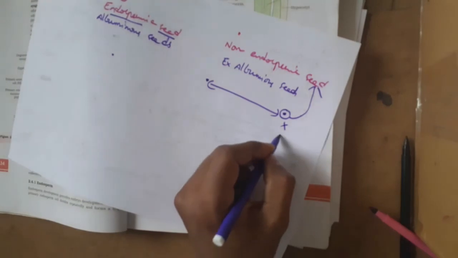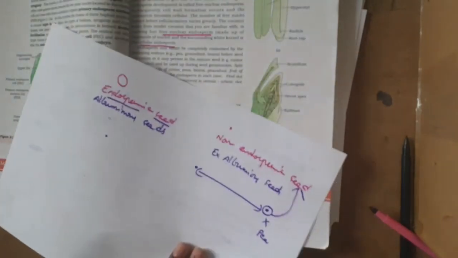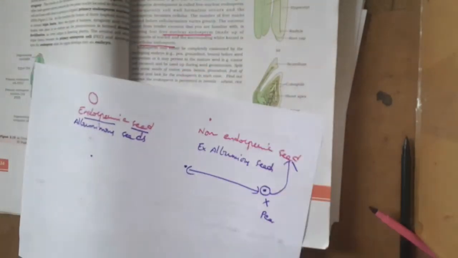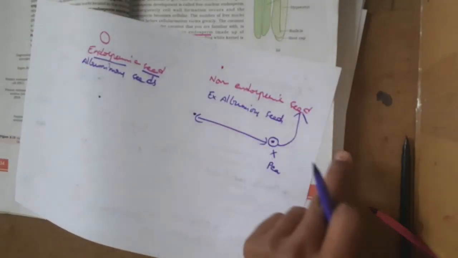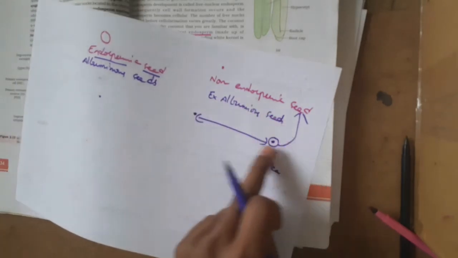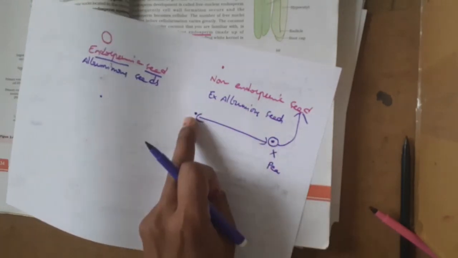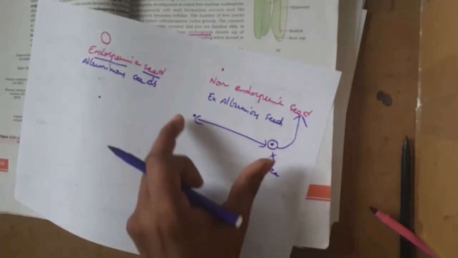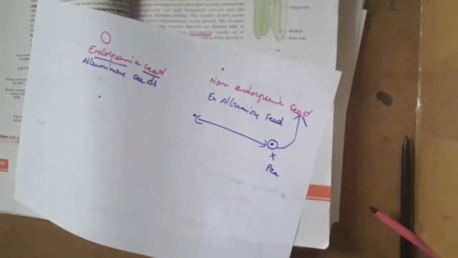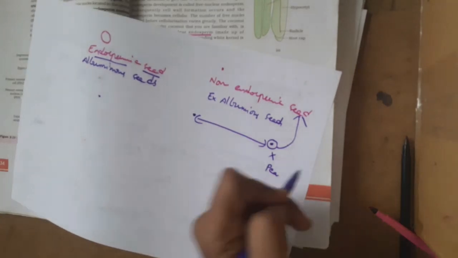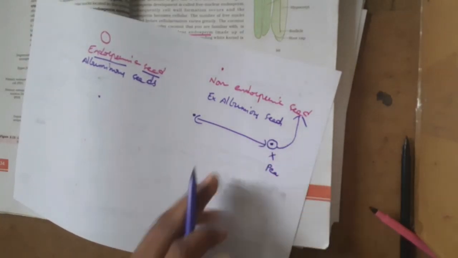Take the example of pea, groundnut or beans. In this type of seed, endosperm is completely absent. During the process of embryogenesis, the zygote developing into an embryo consumes each and every bit of endosperm to develop into a complete seed lacking endosperm.